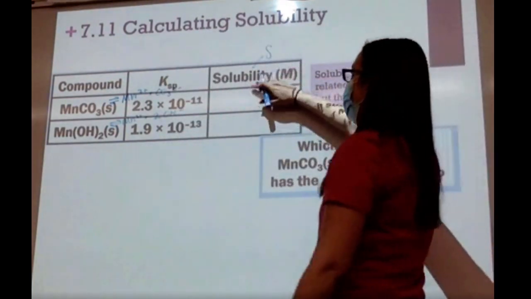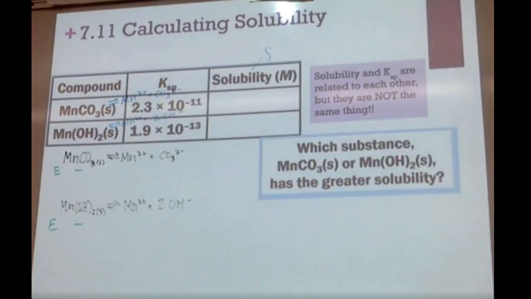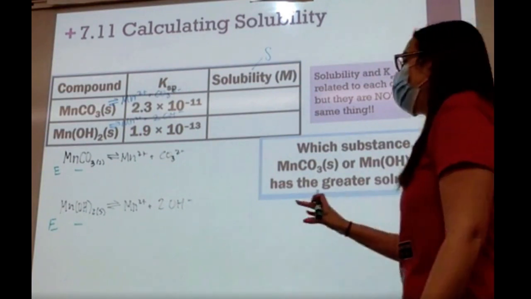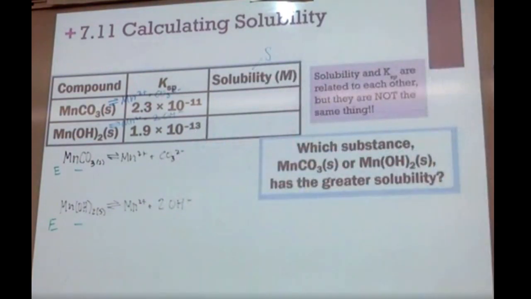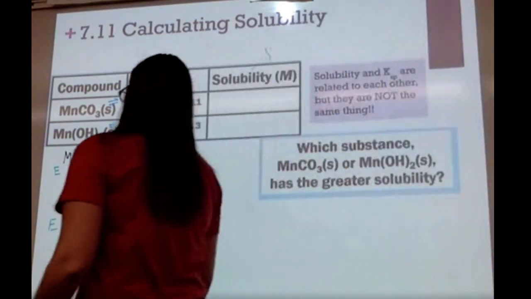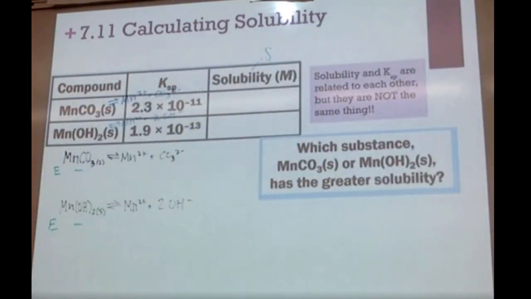So, all right, it reminded us what we were actually looking at. This is kind of one example that I want to do. I want to review solubility and calculating solubility. So I have the equilibrium reactions written. And remember when we calculate solubility, really we're just focused on the equilibrium amounts. So the solubility is the number of moles per liter of solid that dissolves.